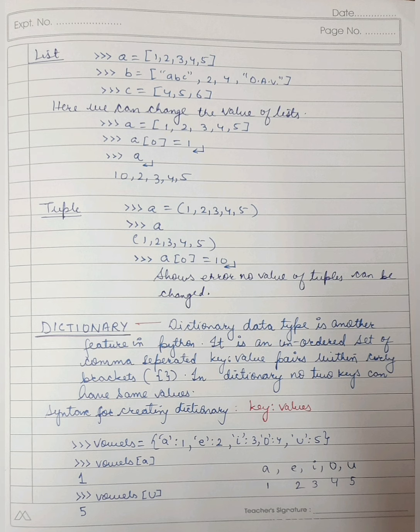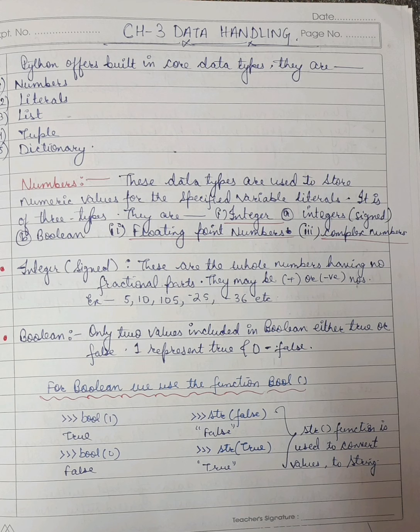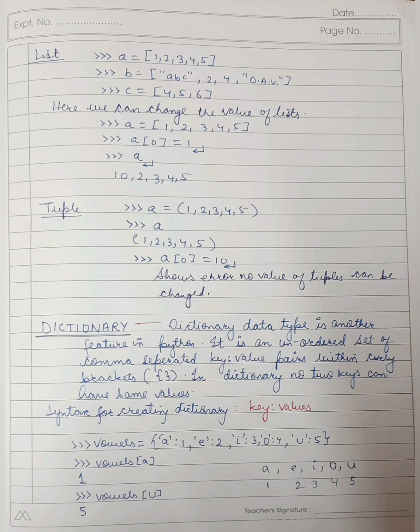In this way O 4, U 5. Then now we want to print vowels A. So vowels A will be 1 because its value is 1, and vowels U, its value is 5. So the output will be 5, and for vowels A, the output will be 1.